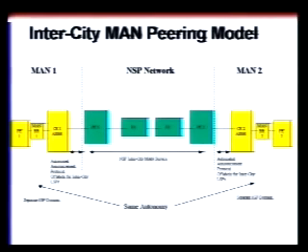Then in every city, what I call MAN 1 and MAN 2, we have the function of a border router, an AS boundary router that's peering with the PEs in the NSP. Also, what's really important is that the MANs, MAN 1 and 2, are running their own IGP, but they're in the same autonomous system.